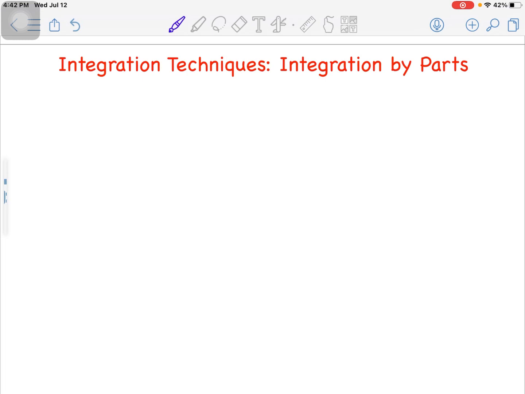Today we are on another integration technique called integration by parts. The integration by parts formula, which is derived from the product rule of differentiation, uses the terms u and v, which are specifically chosen based on their differentiability properties.